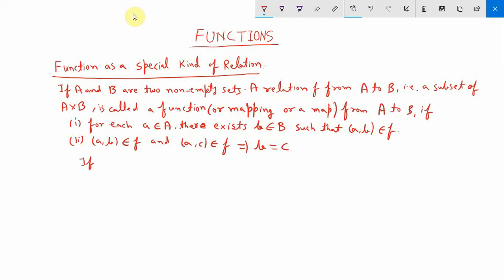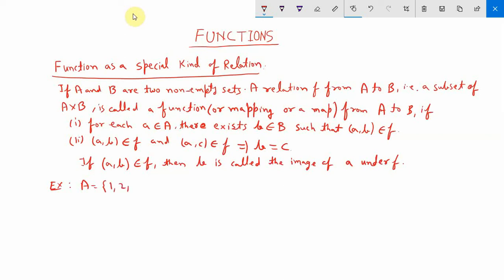So if (a, b) is an element of set F, then b is called the image of a under F. Okay, so if we consider an example, suppose we have two sets, let A be equal to {1, 2, 3} and B be equal to {2, 3, 4, 5}.